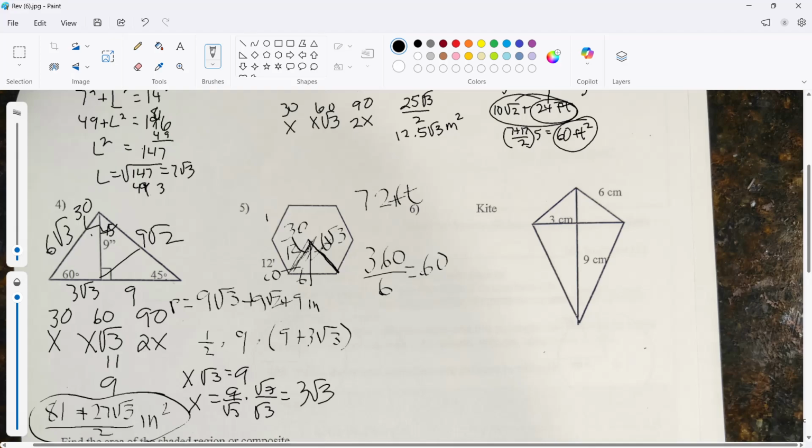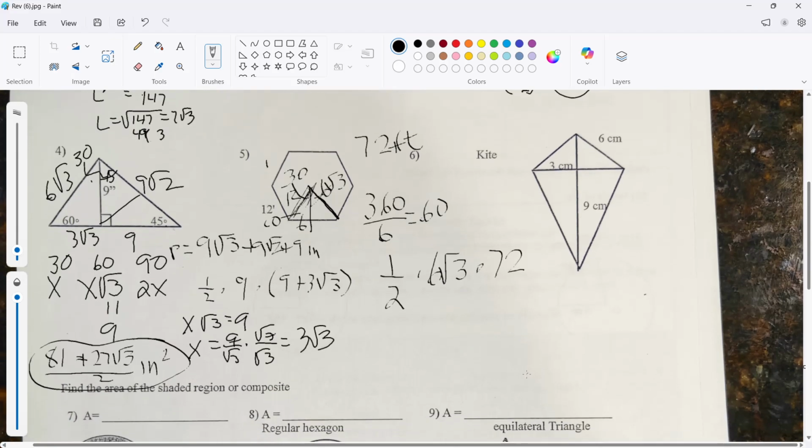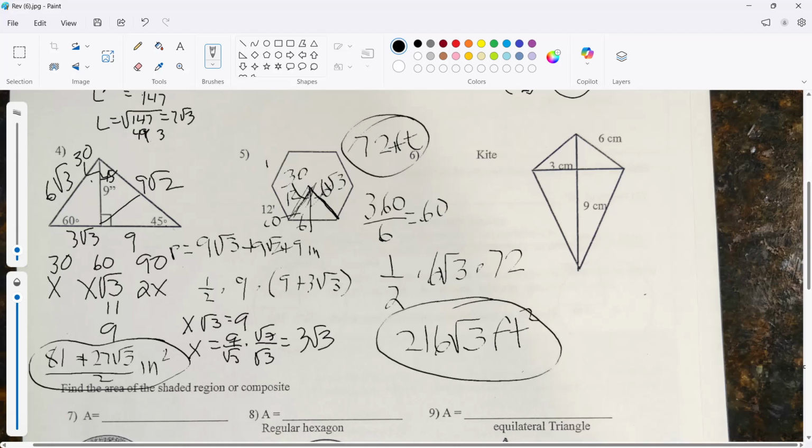So the apothem is 6 square root of 3. So I just do 1/2 the apothem times 72. So 1/2 of 6 square root of 3 times 72 is 216 square root of 3 square feet. That's your area. There's your perimeter.